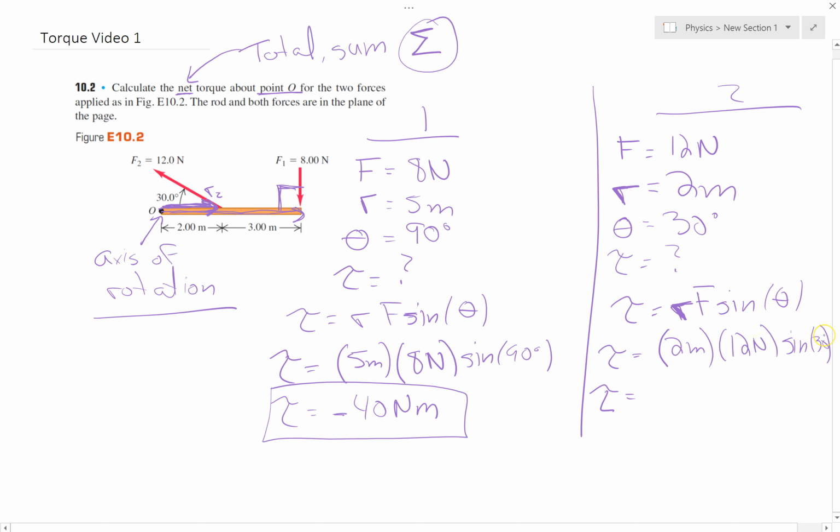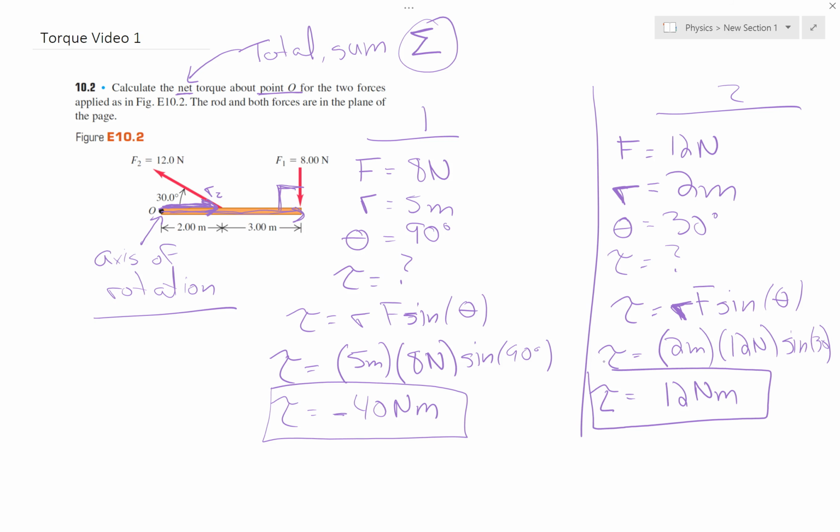And sine of 30 is 1/2. 24 times 1/2 is 12 newton meters. Now this force, if I do the same thing with my pencil, will create a counterclockwise rotation, so it's going to stay a positive number. So I'm going to leave it as a positive 12 newton meters.